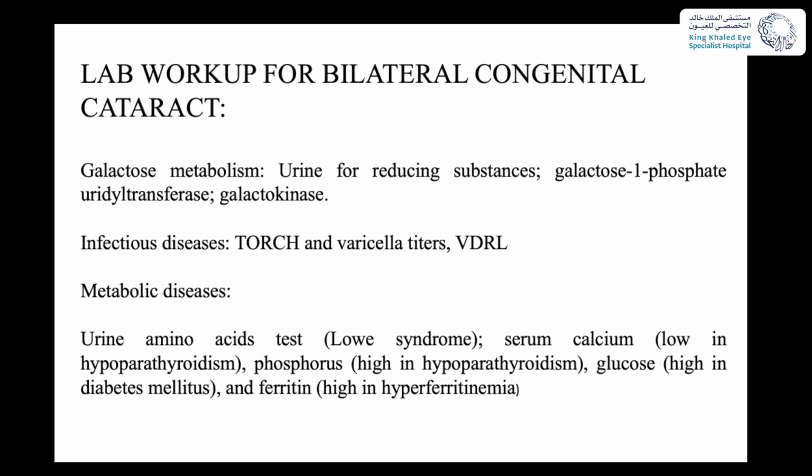Serum calcium is low in hypoparathyroidism, phosphorus will be high in hypoparathyroidism, glucose, and ferritin. This is just a simple workup, but in the meantime, you have to consult the geneticist and ask him to look at the patient, and the pediatrician to be sure that the patient is normal.